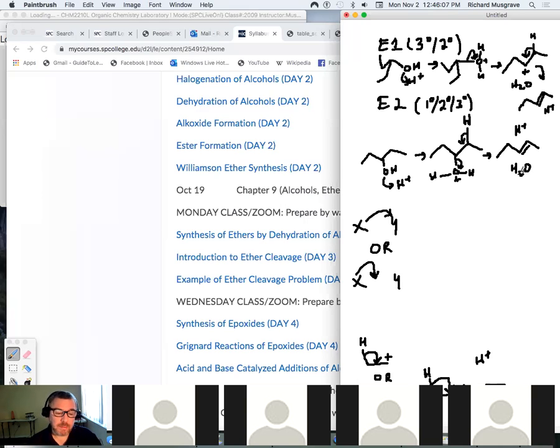Now, the reasoning for this is that in the case of E2, it's the hydrogen that's adjacent to the C that ends up being lost, and that hydrogen is typically more exposed. In the case of an SN1, you've got the leaving group here, and the leaving group is connected to something that's very messy. That's why there's a difference between SN1 and E1.